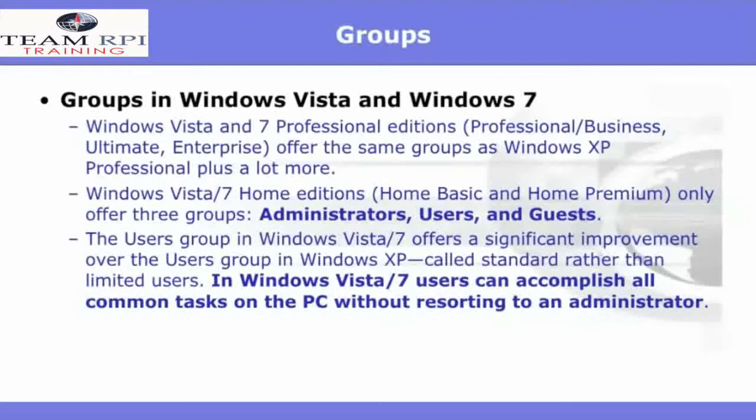However, Windows Vista and Windows 7 Home Editions only offer 3 groups: administrators, users, and guests. The users group in Windows Vista and Windows 7 offer a significant improvement over the users group in Windows XP. Now they're called standard rather than limited. The users can accomplish all the common tasks on the PC without resorting to being an administrator.